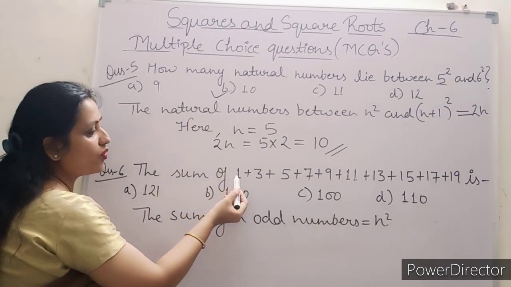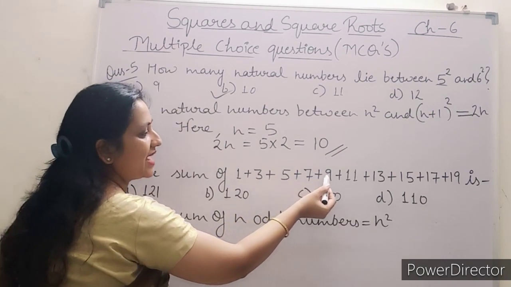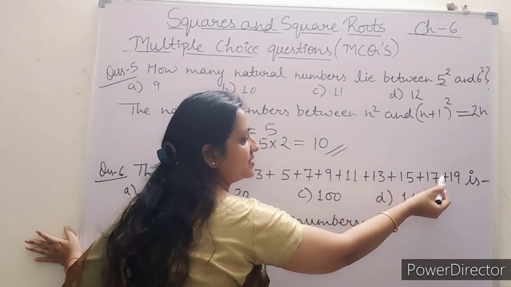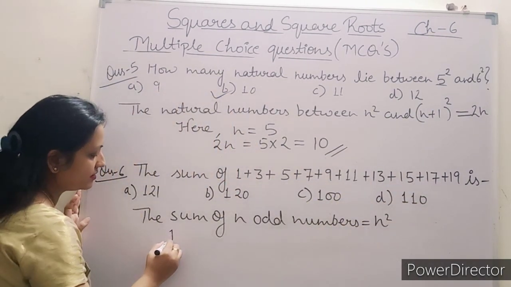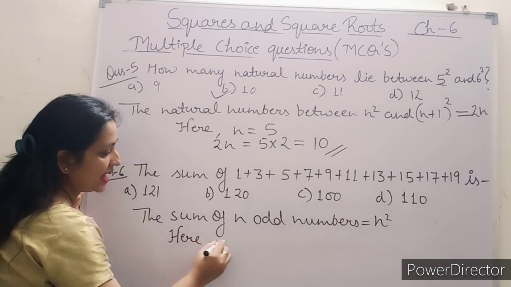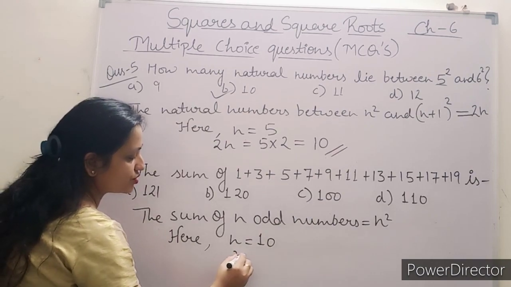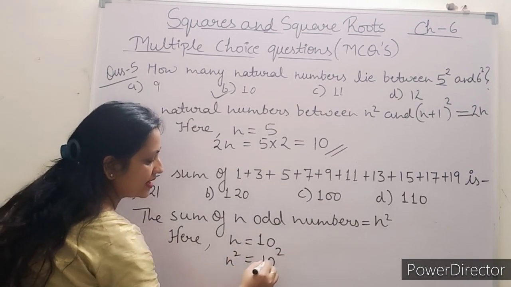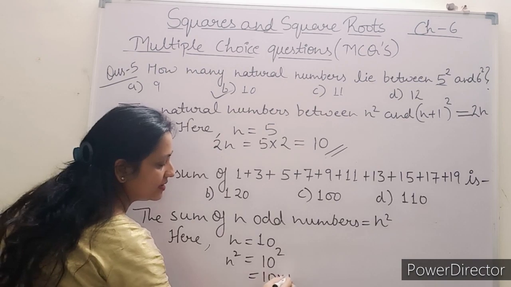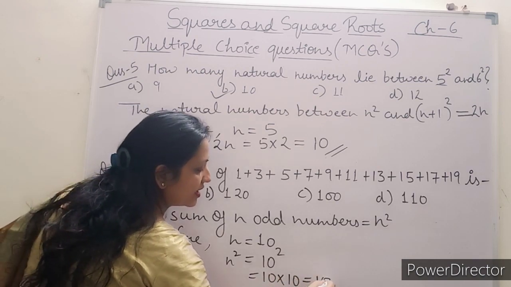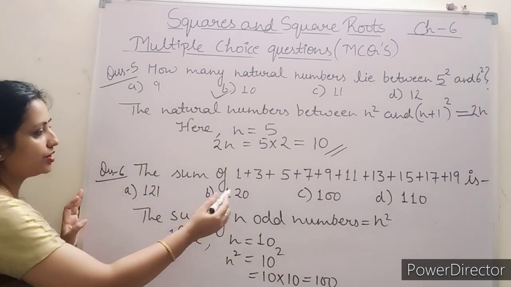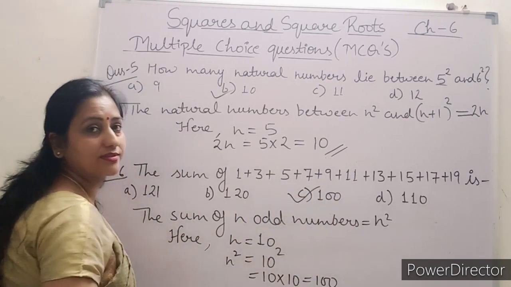So count them: 1, 2, 3, 4, 5, 6, 7, 8, 9, 10. So here n is equal to 10. So n square is equal to 10 square, meaning 10 into 10 is equal to 100. So your option C is correct.